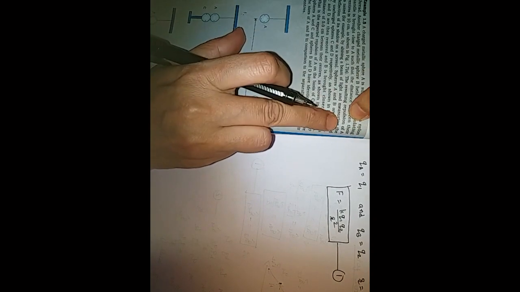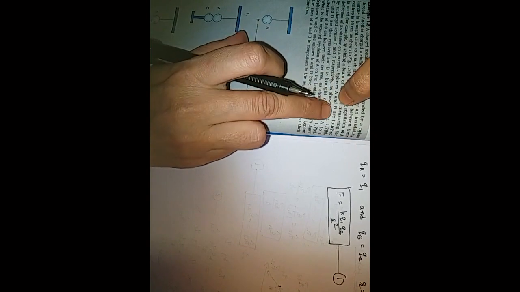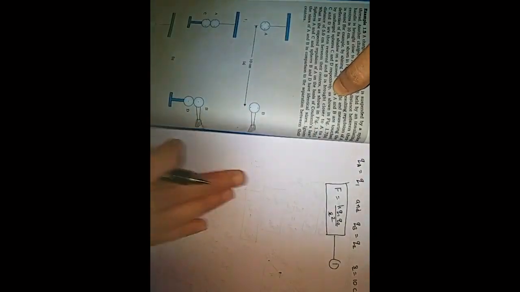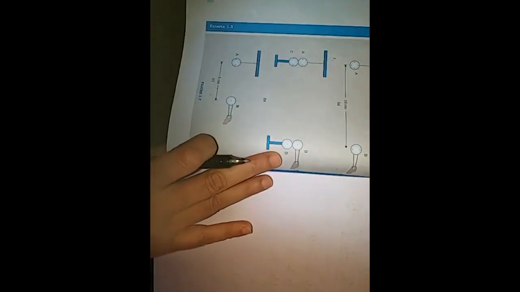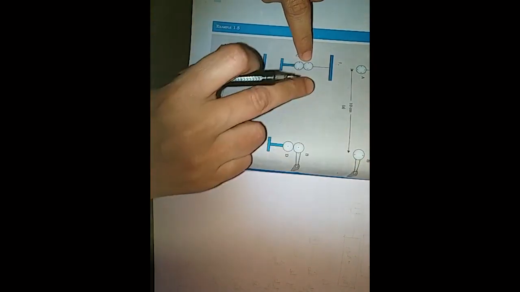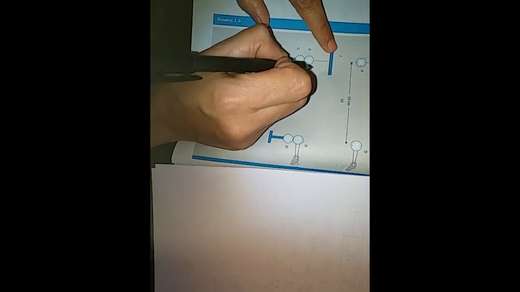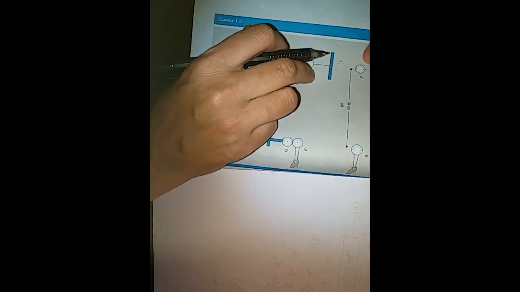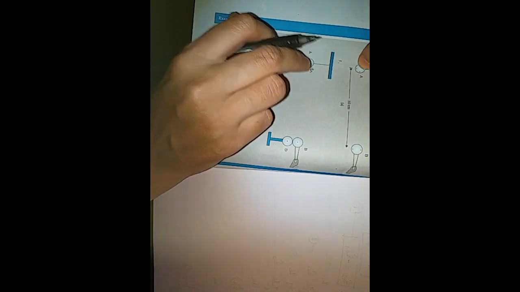The resulting repulsion of A is noted. Spheres A and B are touched by uncharged spheres C and D respectively, as shown in figure B. So what happens? Now this was my original sphere, which was having charge Q1. Now it is kept in contact with an identical sphere C. Initially it was having charge Q1.